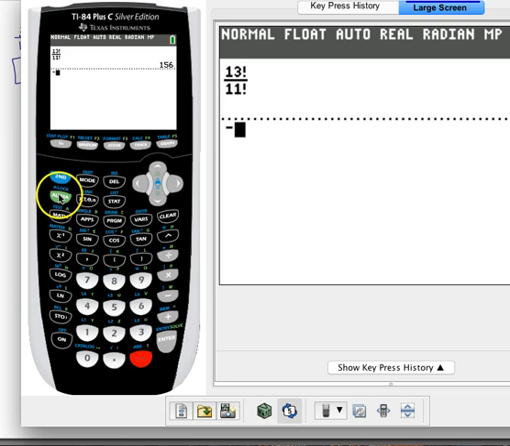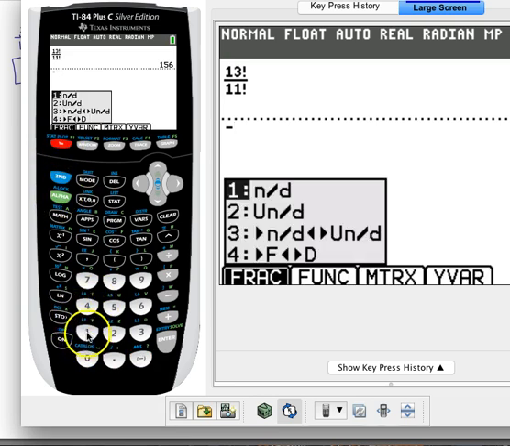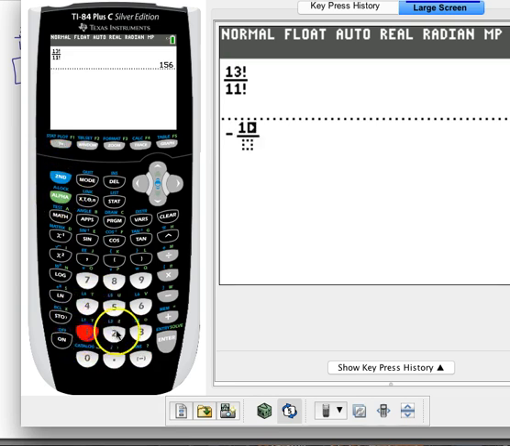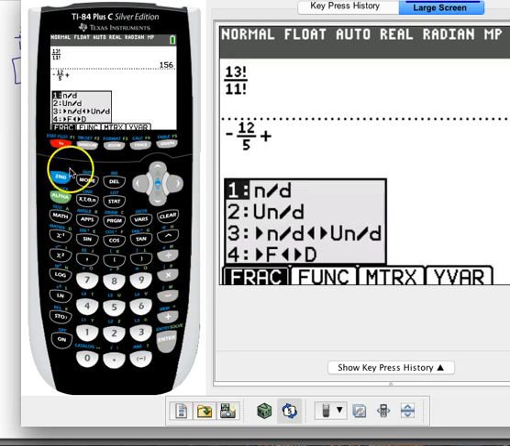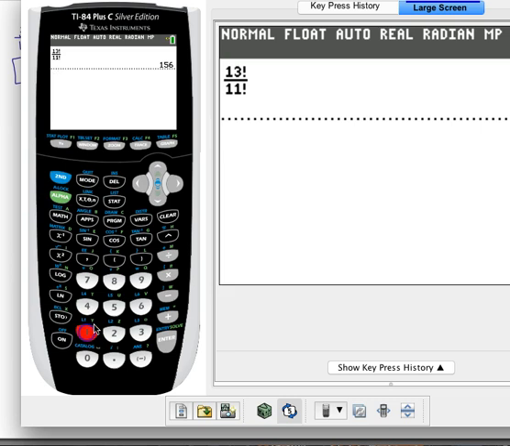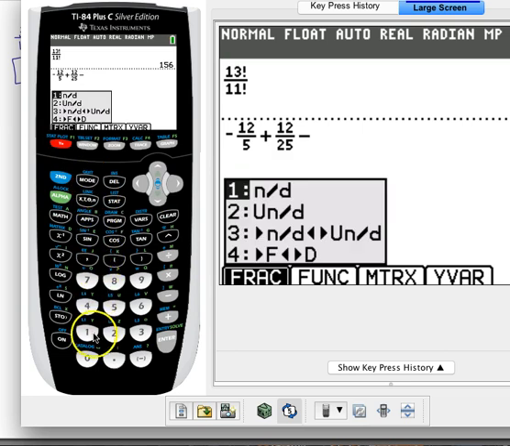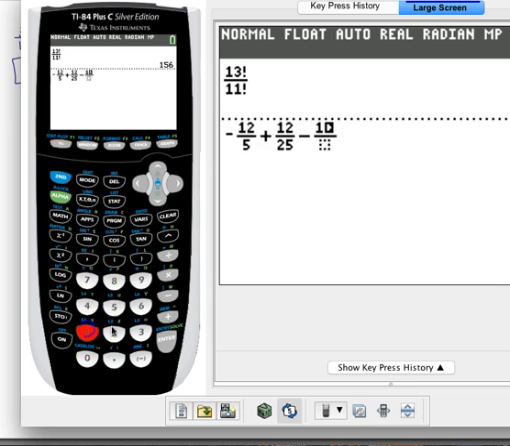So we've got negative 12 over 5, then plus another fraction, and the second fraction was 12 over 25, and then minus our last fraction, which is 12 over 125.